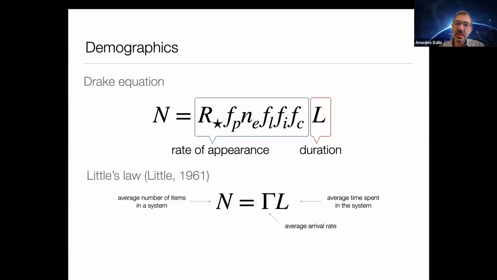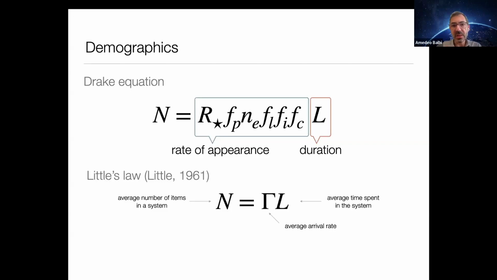Usually it is presented in terms of probabilistic factors, but I think it's also illuminating to look at it in terms of two temporal scales. One is the rate of appearance, which is basically all those factors, which are, as we know, mostly unknown, except perhaps for the astrophysical factors.